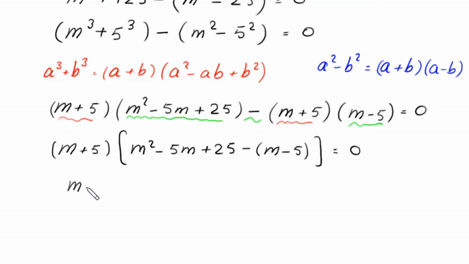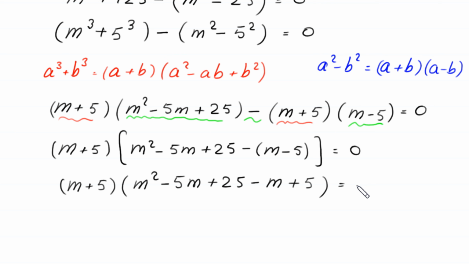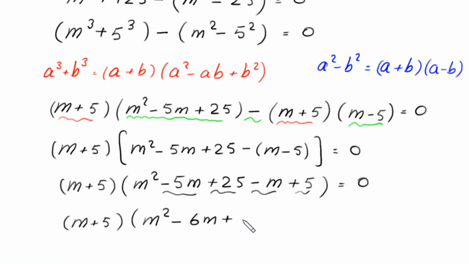Next, (m plus 5) times (m squared minus 5m plus 25). Due to this minus, this positive m will become negative m, and this negative 5 will become positive 5, is equal to 0. Next, (m plus 5) times (m squared, negative 5m minus 1m will become negative 6m, and 25 plus 5 will become plus 30) is equal to 0.